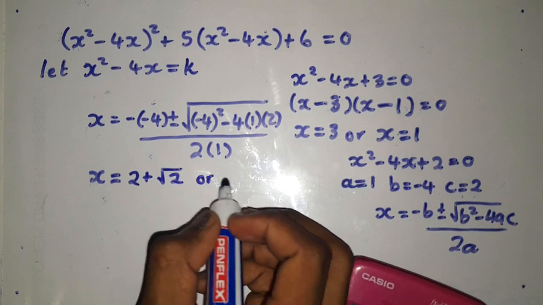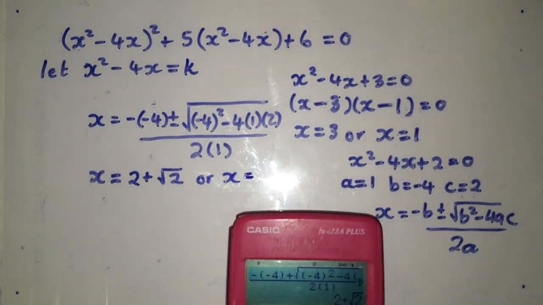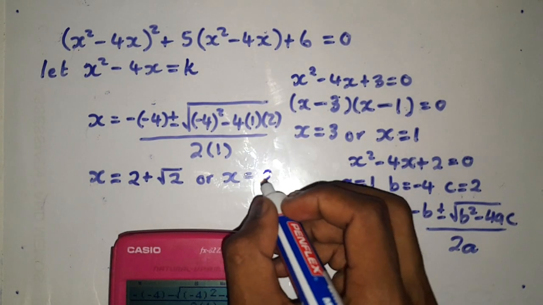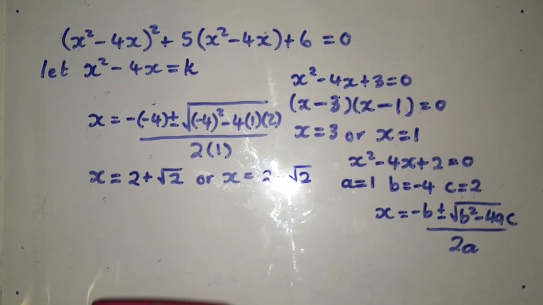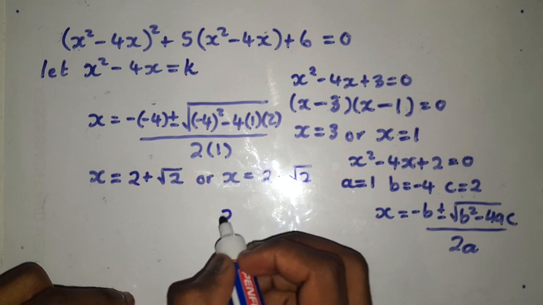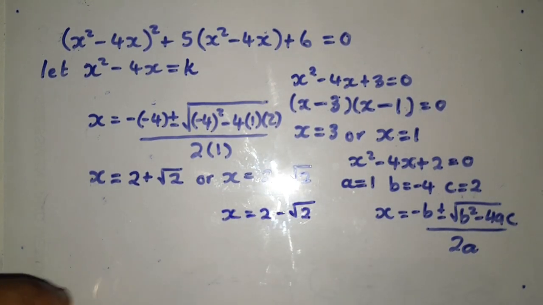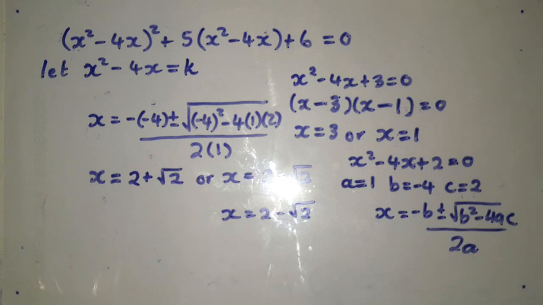Then again, we also get, now we just need to put a negative there, 2 minus root 2. Sorry about that light disturbing us. Then that's it.